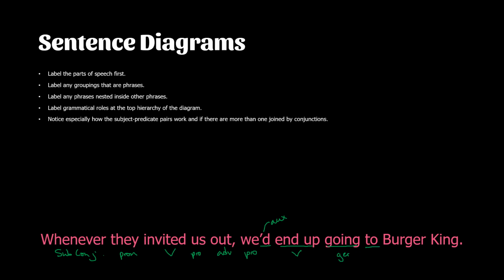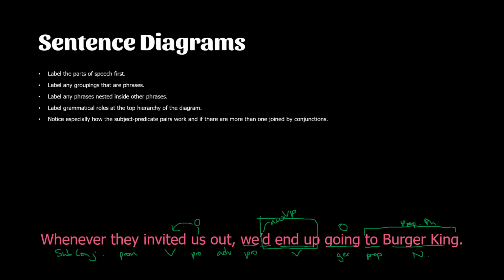To is a preposition. And Burger King is a noun. So we have a prepositional phrase that answers the question where. End up what? Going. So this is the object of the verb end up. Would end up is a verb phrase, and we is a pronoun. Us is the object of invited, and they is a subordinating conjunction.